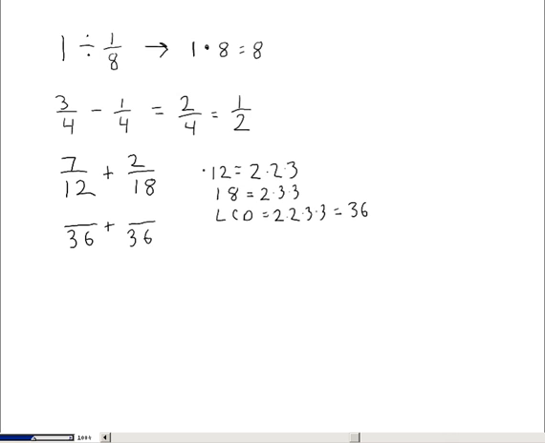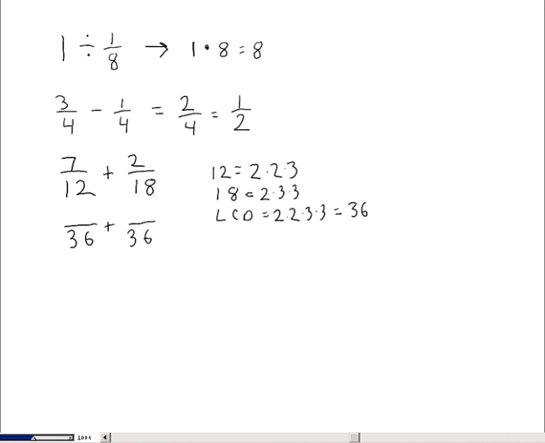Another way to get a lowest common denominator, if you're having trouble with doing it like I just did, is to break the denominators down into their primes. 12 is equal to 2 times 2 times 3. 18 is the same as 2 times 3 times 3. And to get your lowest common denominator, take each one of these numbers, like for example, let's go with 2's to begin with.